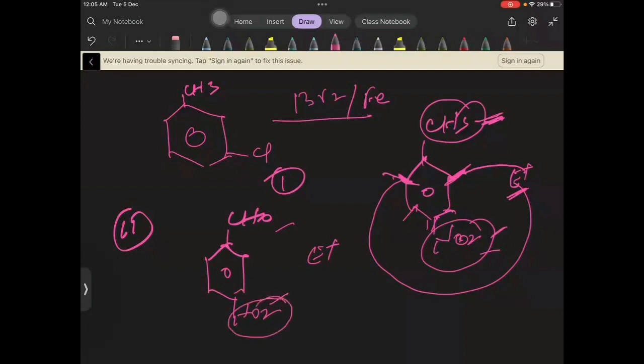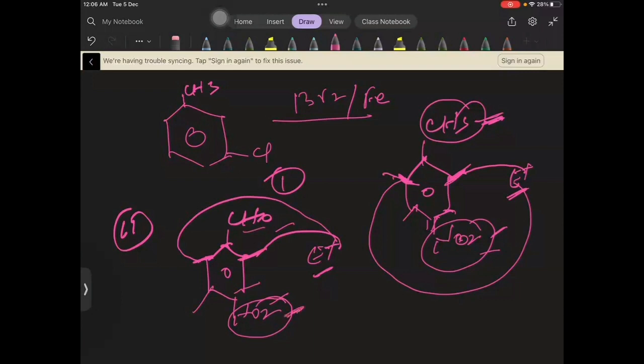NO2 is the strongest deactivator group, which means the electron density is only at the meta positions. So the electrophile will attach either at these positions or those positions, correct? Understood or not? Students, again I repeat, CHO and NO2 are both strong deactivator groups.